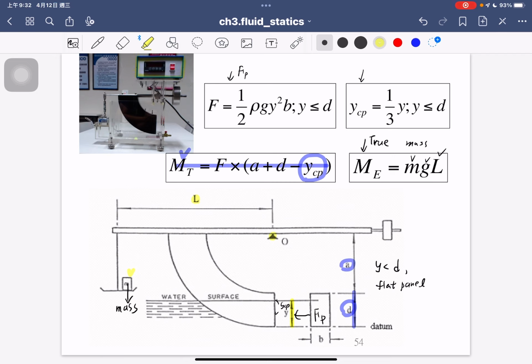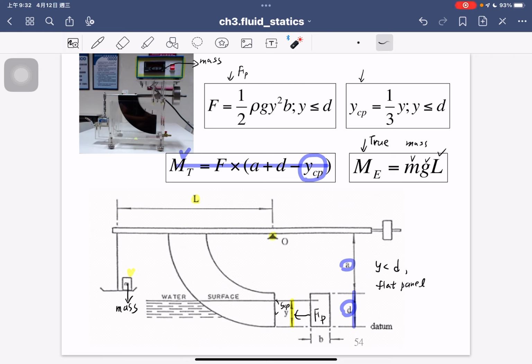During the experiment, you will see how large the mass is, and the mass weight will show on the recorder. So you actually know how large it is in here.